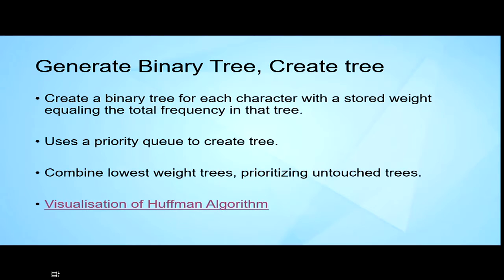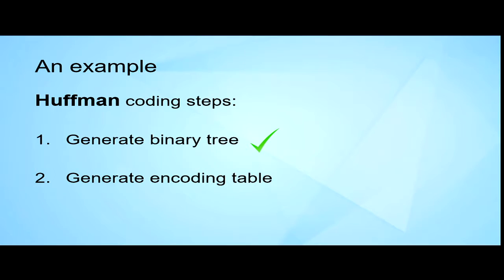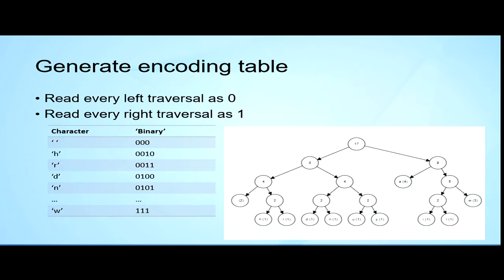Now that we have formed the tree according to the rules, we are done with generating the binary tree for Huffman coding. Next is to generate the encoding table to decompress the tree. Read every left traversal as 0 and every right traversal as 1.